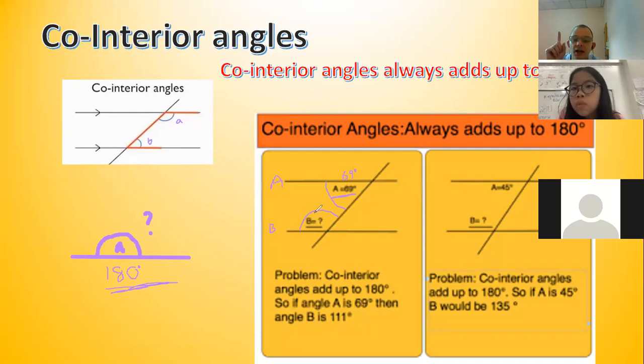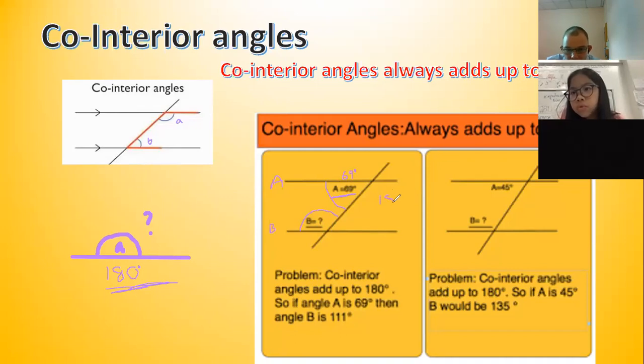Let's do the calculation. So we know we have 180 degrees because we have two parallel lines and an intersecting line. And we have one angle, which they gave us, 69 degrees.